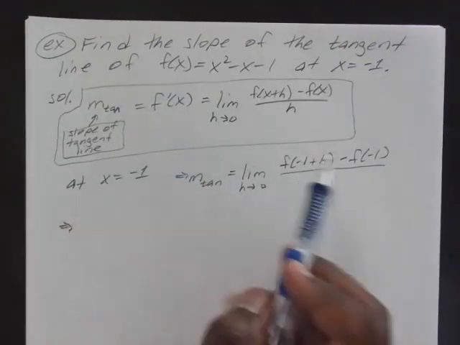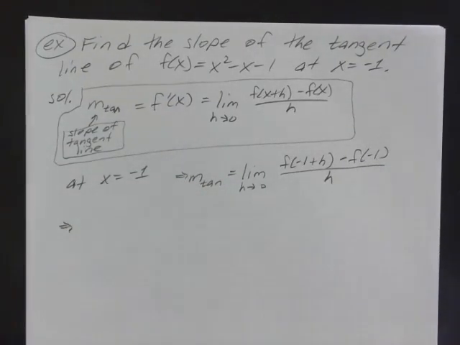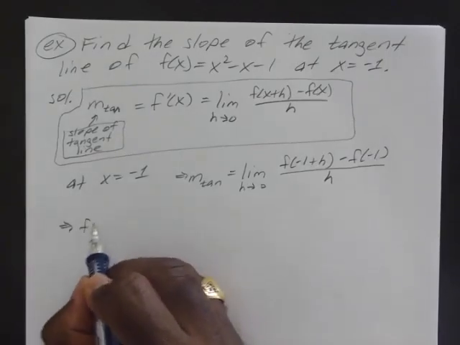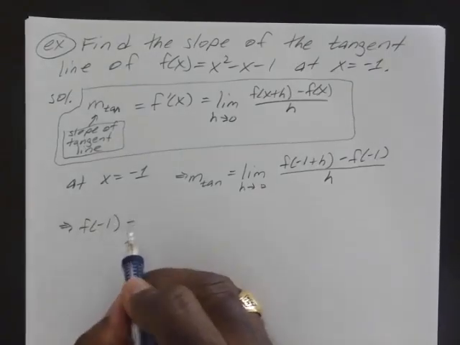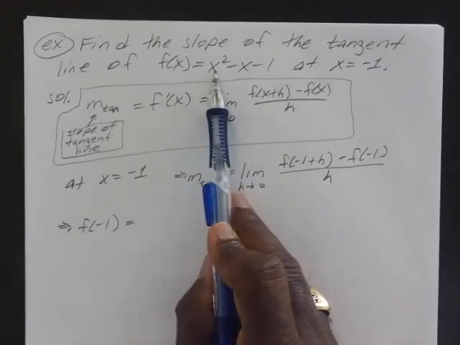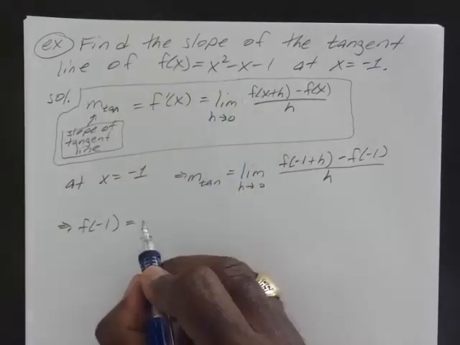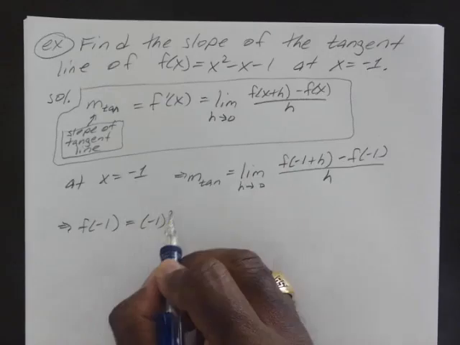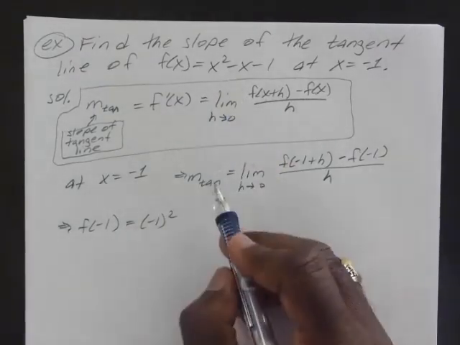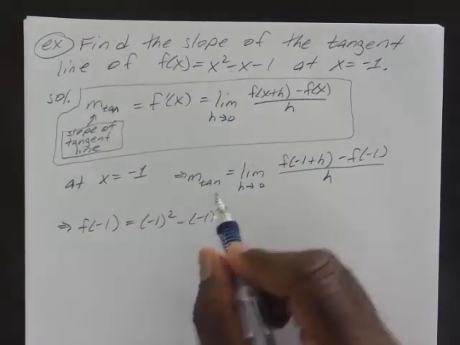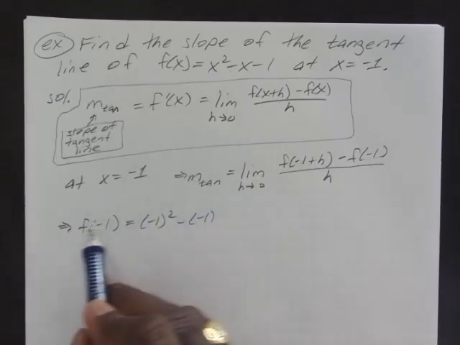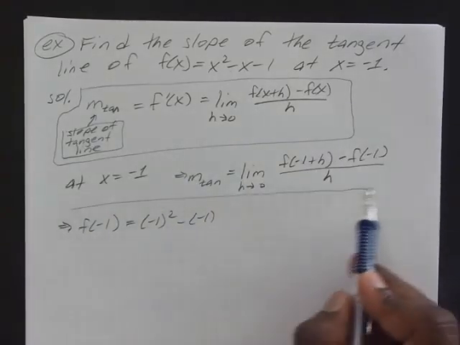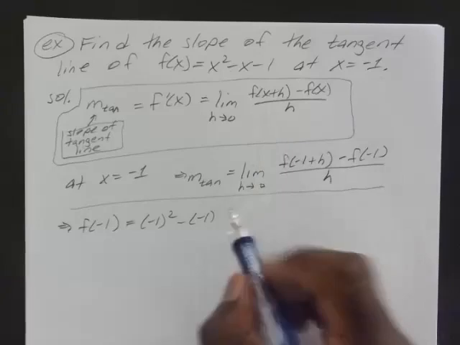Okay. So our f of -1, that's just -1 squared minus -1. Oh, let me kind of separate that a little bit. Minus 1.